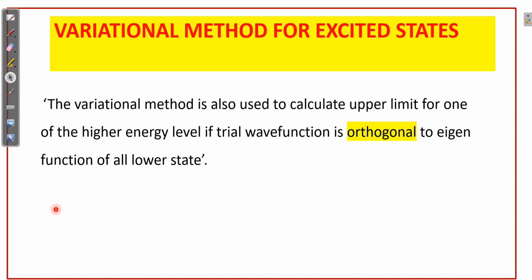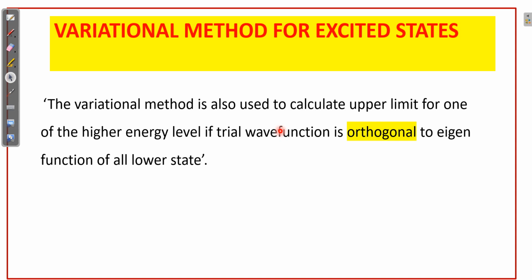The energy of an excited state can be determined by taking a trial wave function which is orthogonal to the lower state.